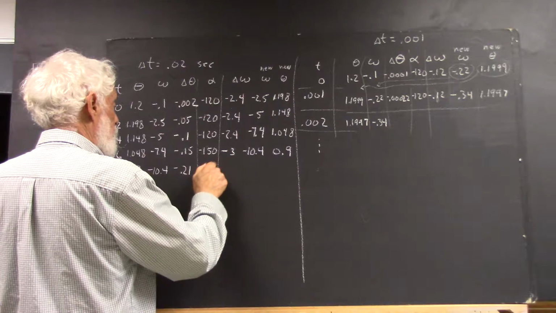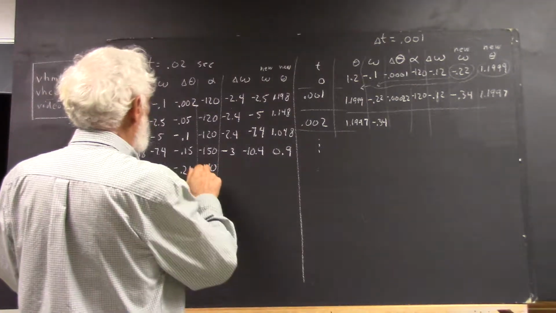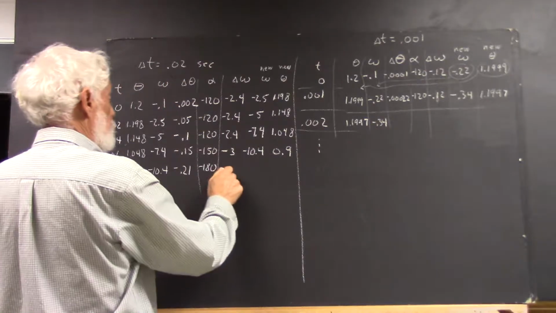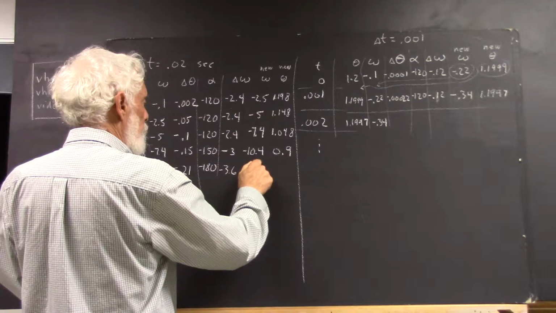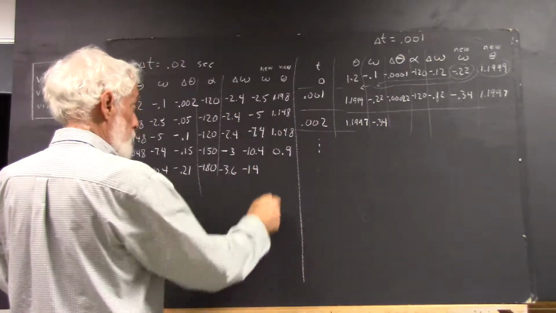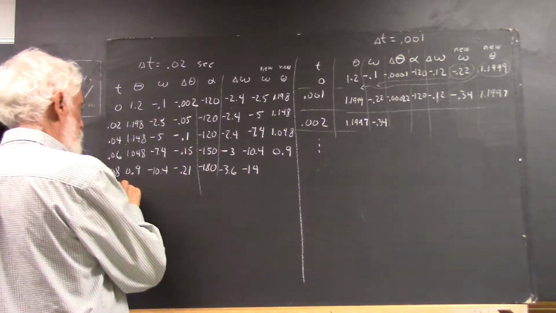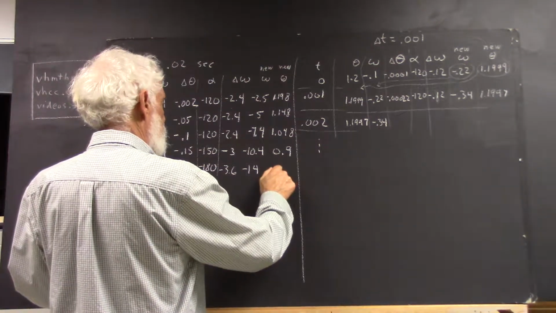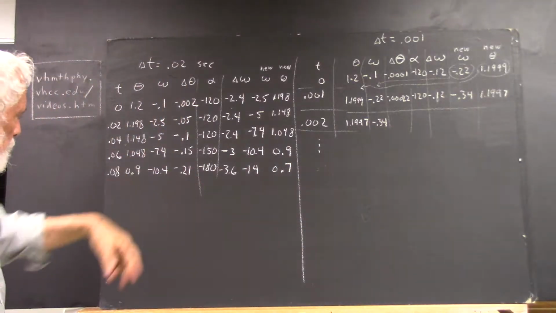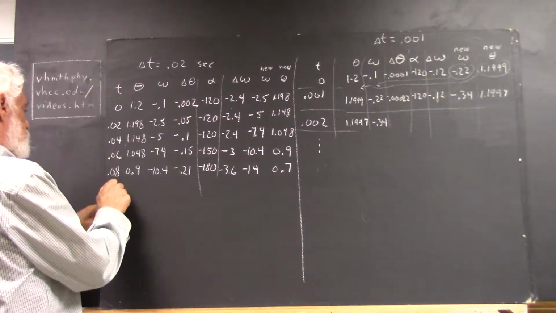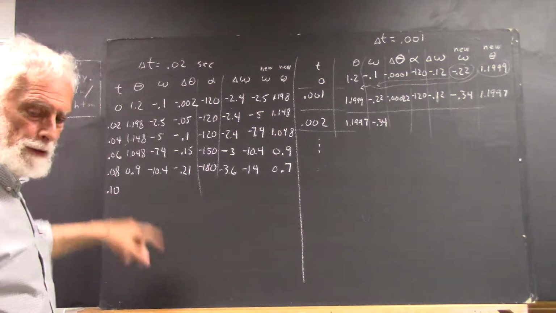I'm going to say maybe a negative 180 here, okay? And our delta omega then, multiply this by 0.02 seconds, we're going to get negative 3.6. And now we're moving at negative 14 radians per second. And we add the negative 0.21 to the 0.9, and we get something pretty close to 0.7, the 0.69, but I'm being kind of careless here.